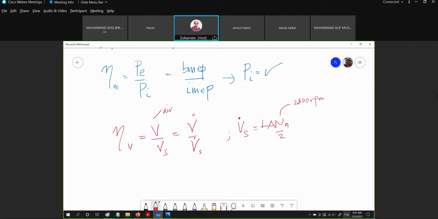Jadi maknanya kalau kita ada 2800, sebenarnya the Vs kita akan dapat hanyalah 2800 bagi 2, iaitu 1400 saja. Okay? Ini selalu mistake yang student akan buat lah. Dia terlupa nak bagi 2. So please take note on that.